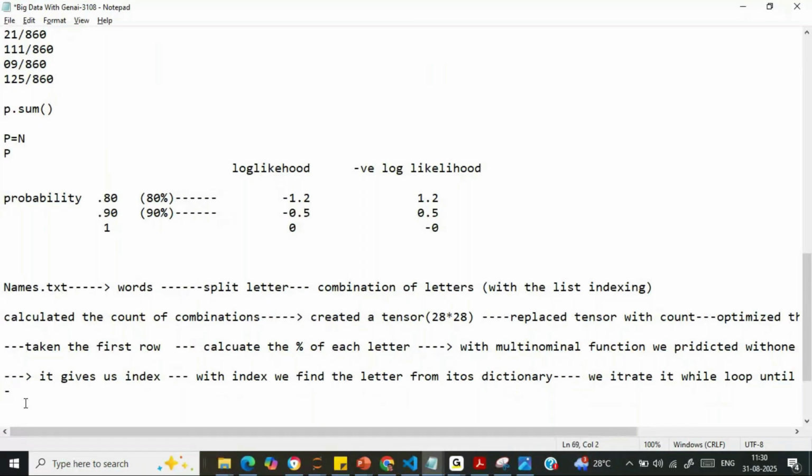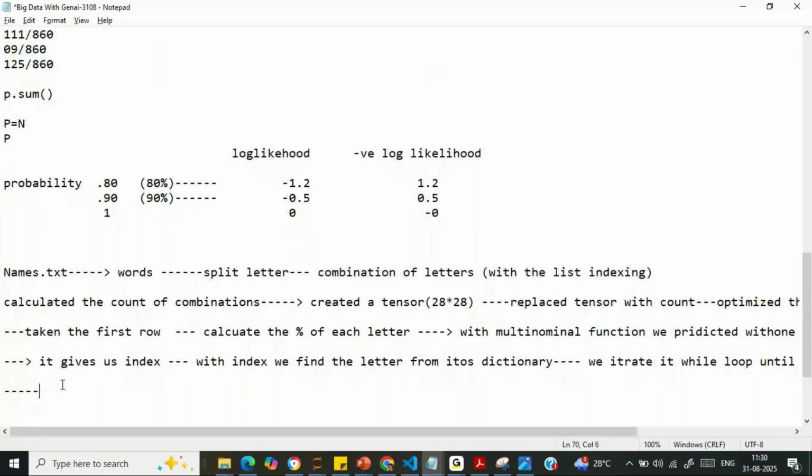After predicting, the output was coming, but it was not in a meaningful way. So we need to optimize it, that we will see.